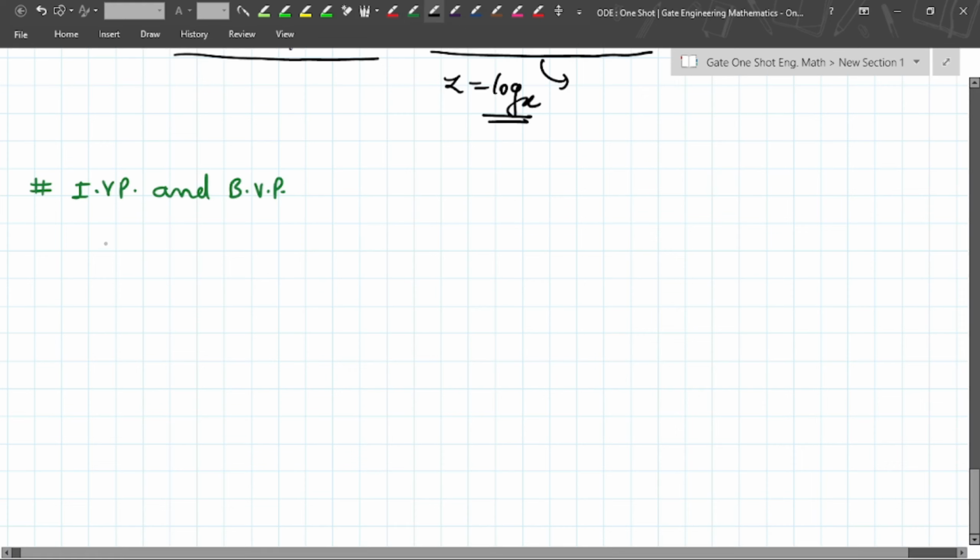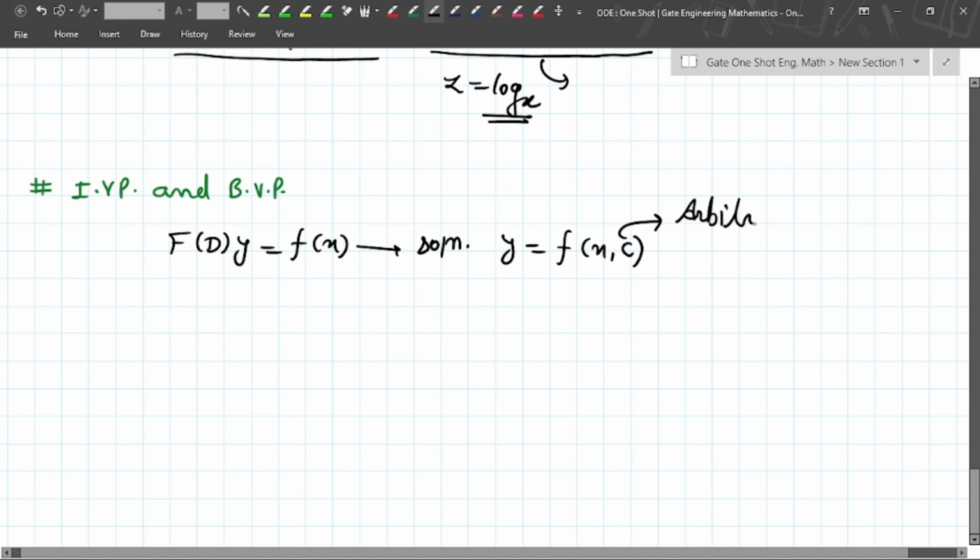If I have a differential equation, for example f of D into y is a function of x, then the solution of the differential equation is y equal to a function of x and c, where c is the arbitrary constant. The number of constants is based on the order of the differential equation.